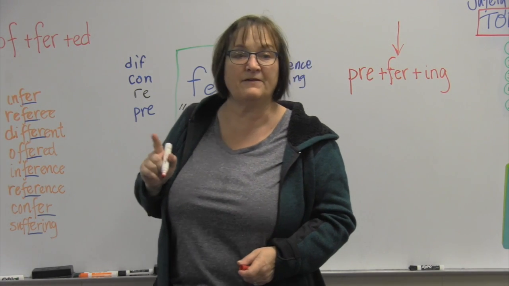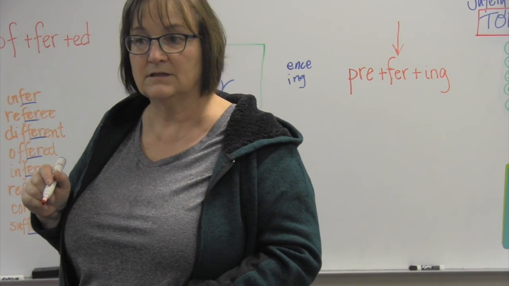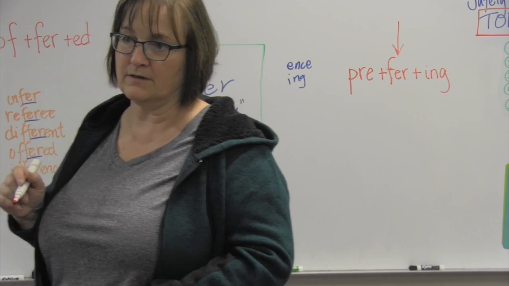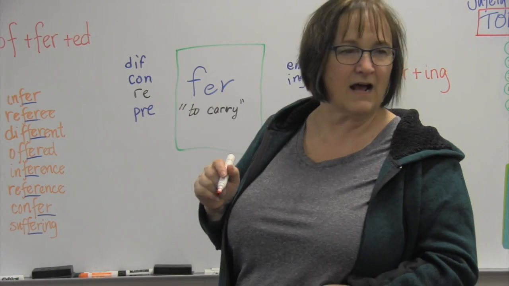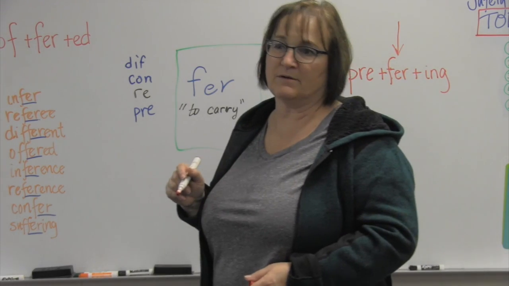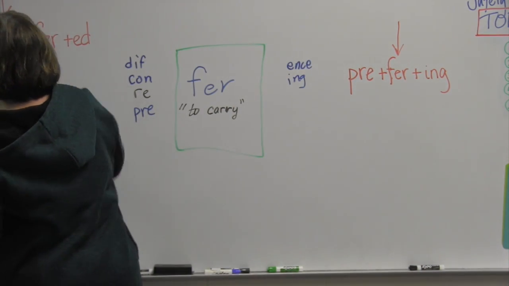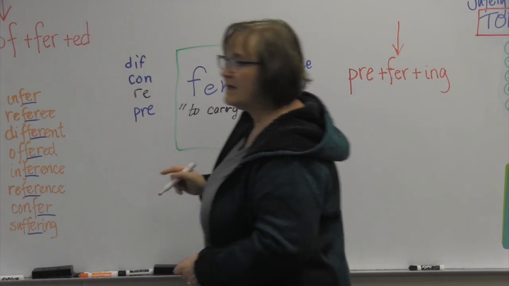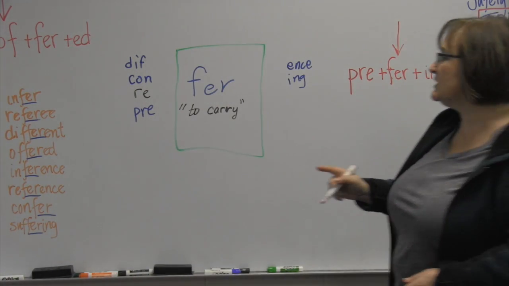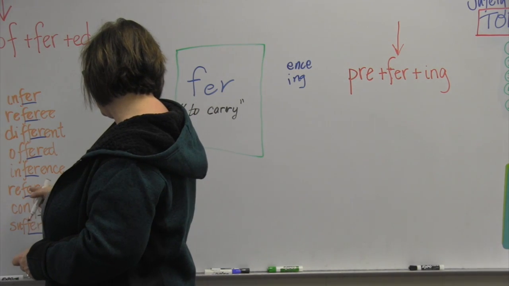So if it's an FER, then you're saying offer. I would like to offer you something. That's kind of weird. Is that how we say the word? We usually say, I want to offer you something. So the stress is here. Uh-huh. Let's look at another one on this list.